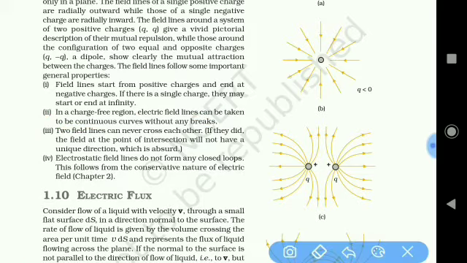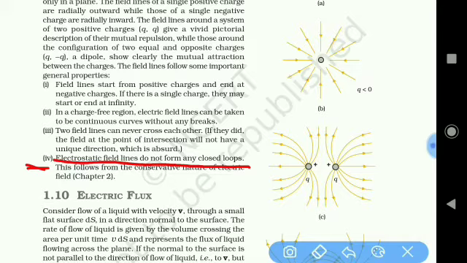Third property is that the two field lines they never cross or never intersect each other. And last and fourth property is that electrostatic field lines they never form closed loops.